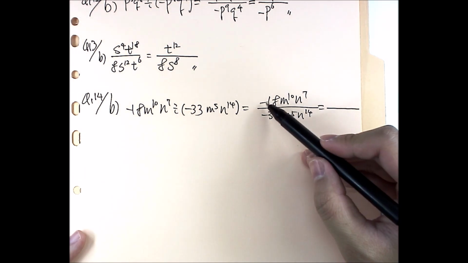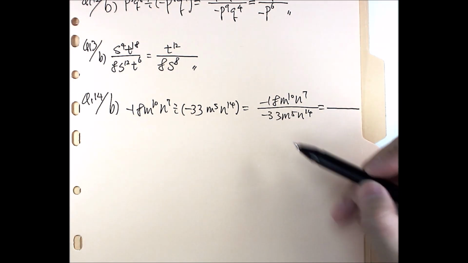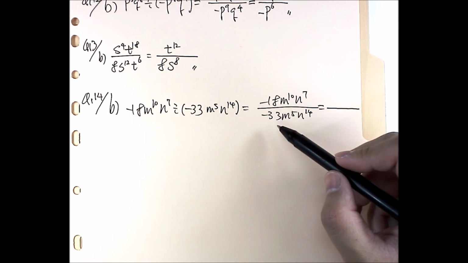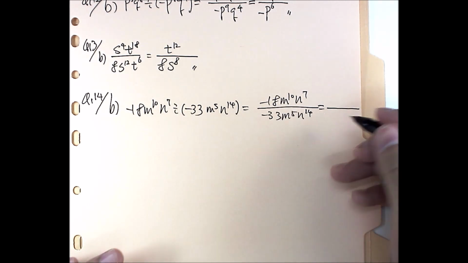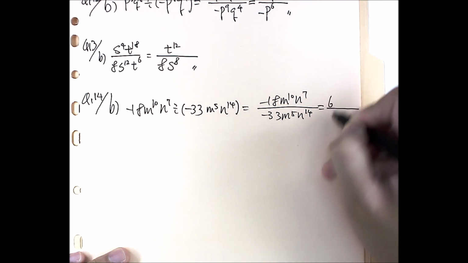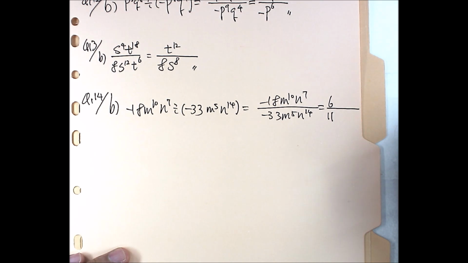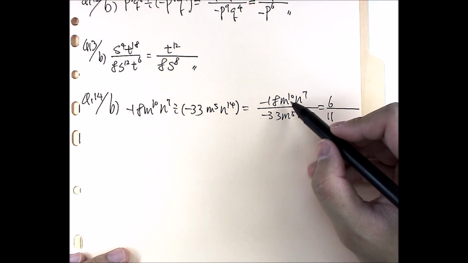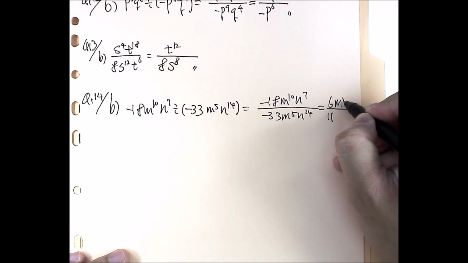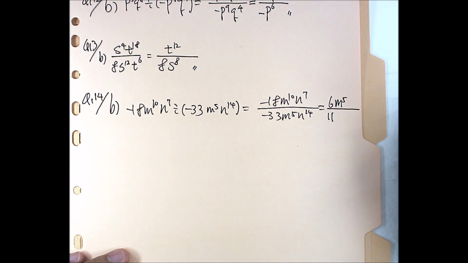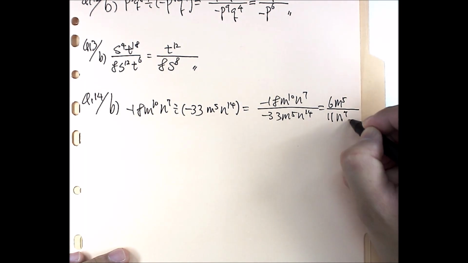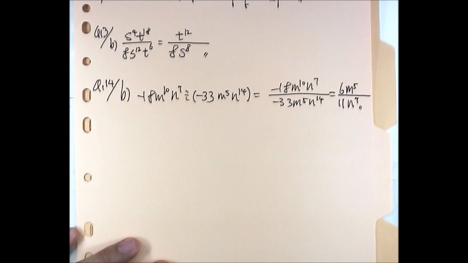So here, minus minus becomes positive. The minus cancel, understand? So for this, the 18 and the 33, use what? Use the 3 to do some cancellation. For the 3 to do the cancellation, we have 6 here, and then 11 here, understand? So for the m, because this 10 is bigger, right? So the result is above, m to the power 5. For the n, 14 is bigger, right? So the result is here. 14 minus 7 is 7. Understand?